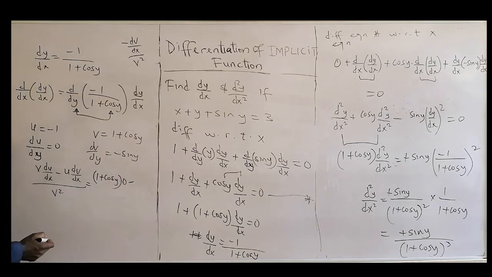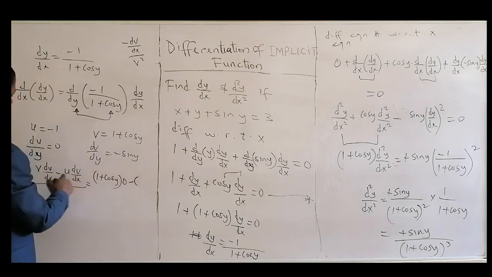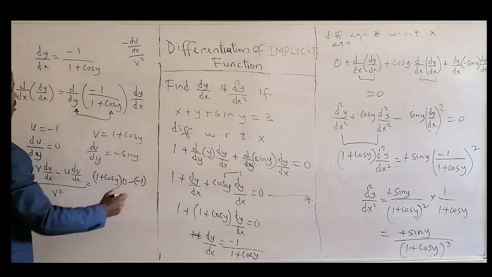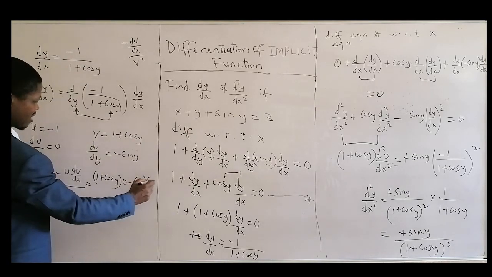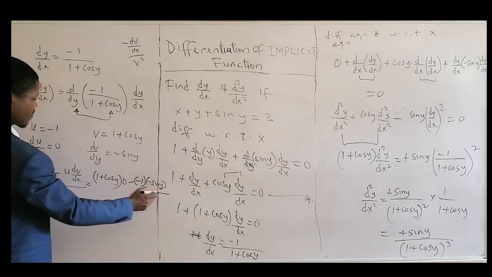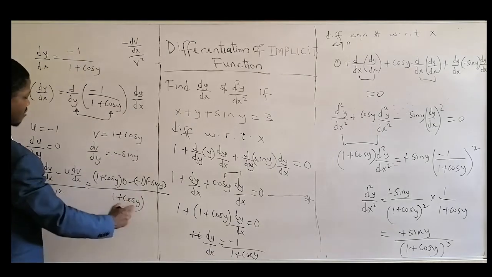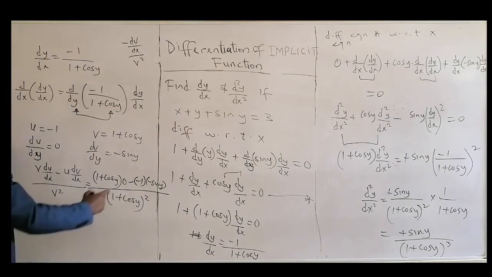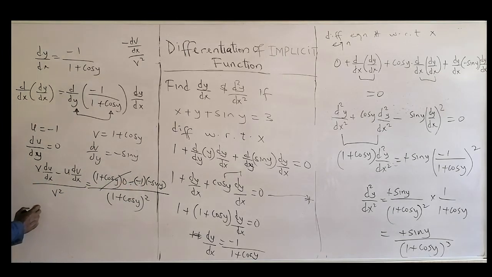So minus, into brackets, u, minus 1, times the dv/dy. The dv/dy is what? Minus sine y, all over v squared, 1 plus cos y squared. So here this one will cancel. You have minus, so that's minus what?